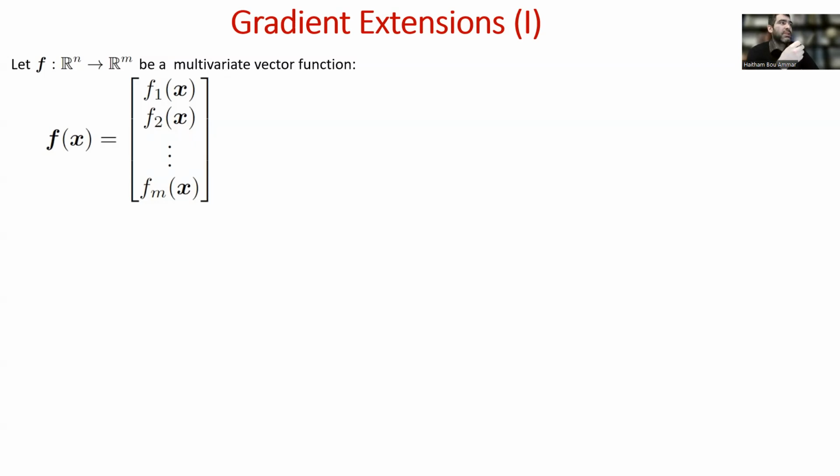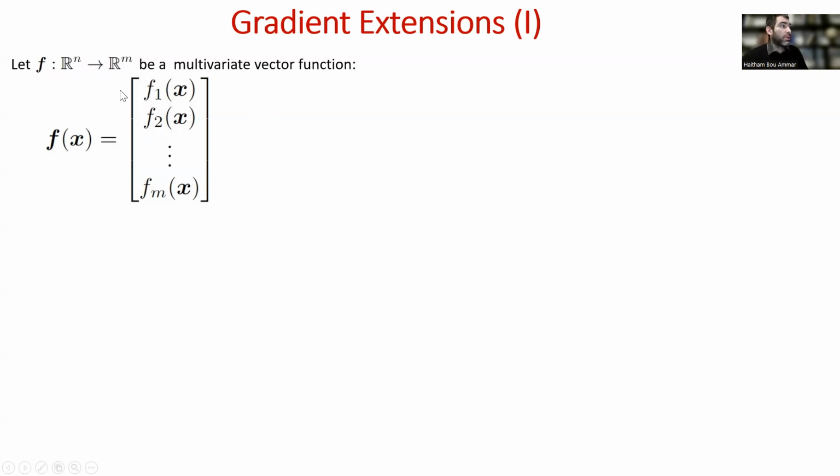But we can also consider mappings, or multivariate vector functions. What's the difference? They also take as input points in n-dimensional Euclidean space, but they output not just a scalar, but a vector. So here we have such a general form of that mapping F. It takes n-dimensional vectors in Euclidean space, and outputs an m-dimensional vector.